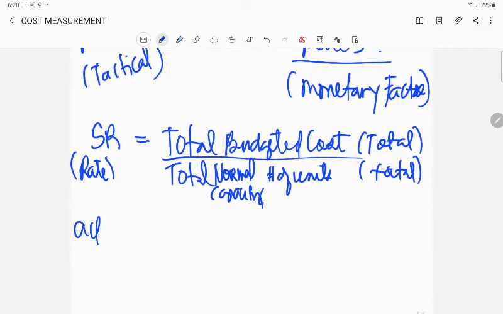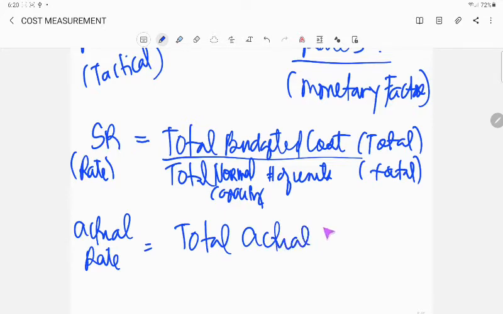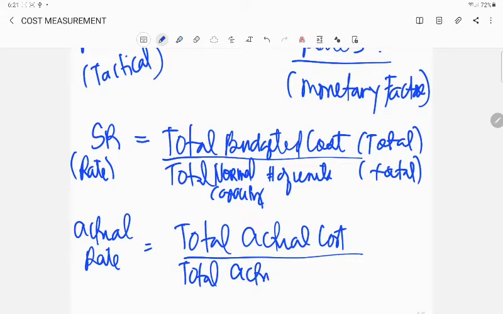Kasi, pag actual rate, ano yan? It will be total actual cost divided by total actual capacity in production. Diba? Ito, normal capacity in production.